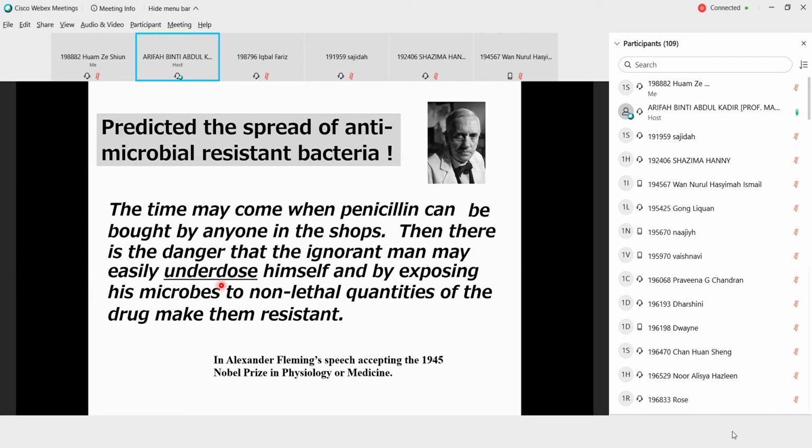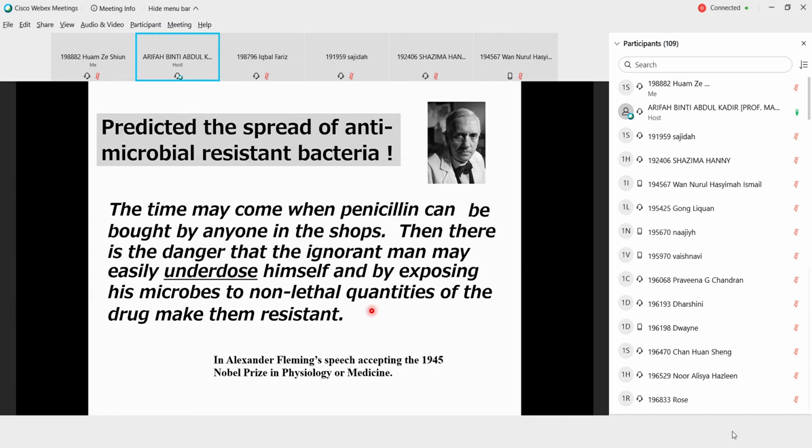This is where the spread of antimicrobial resistant bacteria will happen: you underdose yourself, and by exposing your microbes to non-lethal quantities of the drug, you make them resistant. This is what he mentioned.